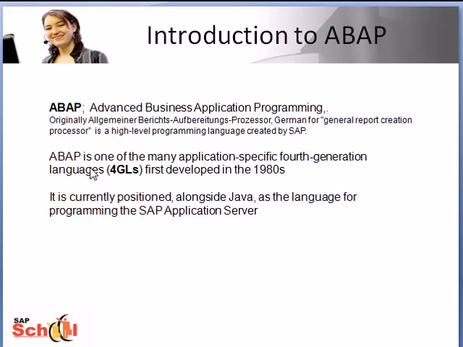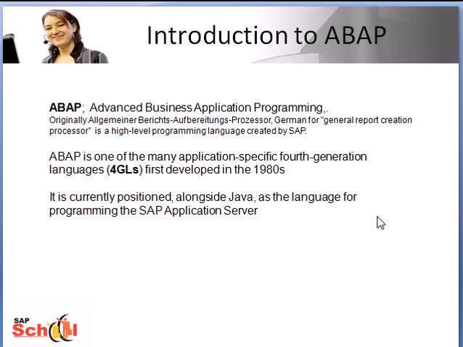It's a 4GL language, fourth generation language, so you might have heard ABAP being written as ABAP 4. The 4 denotes 4GL. And currently it's positioned along with Java as the main language for SAP application server programming.